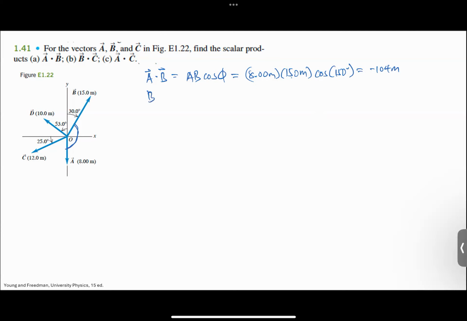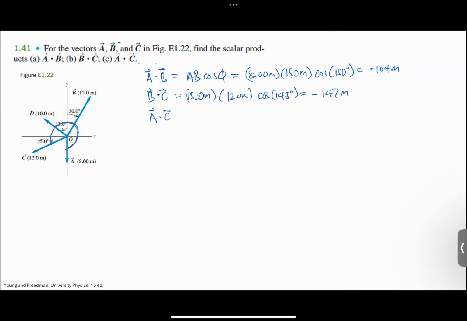Okay, B dot C. Equal ngayon yan sa magnitude ng B, which is 15 meters. Magnitude ng C, which is 12 meters. And yung angle between them, which is 25 plus 90 plus 30. So that's 55 plus 90, 145. Cosine ng 145 degrees. So that will be equal to negative 147 meters.